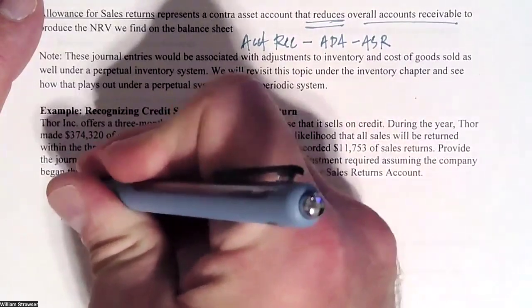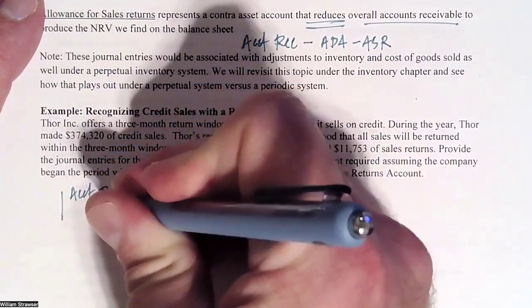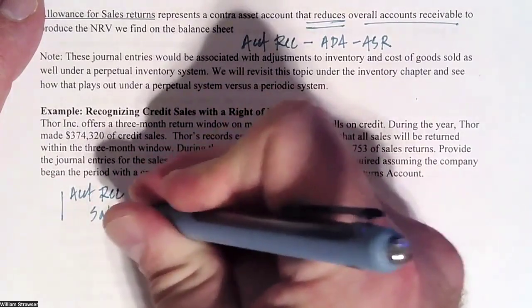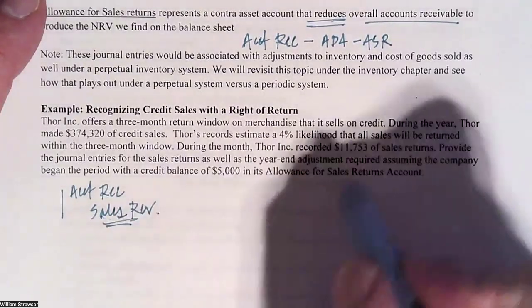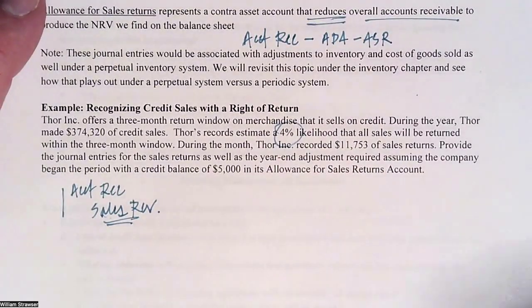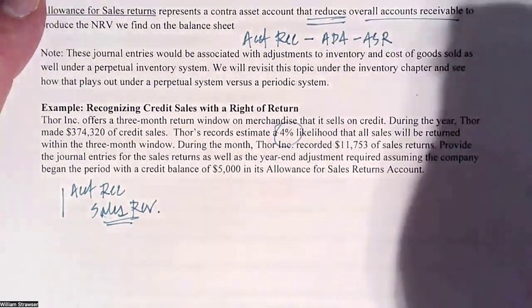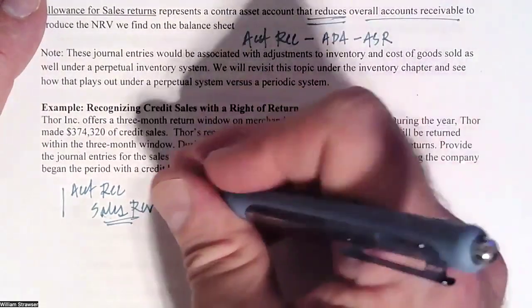And those credit sales, of course, would be accounted for in accounts receivable with sales revenue. We have the historical data so we can record the sales revenue because we have that 4% likelihood that we can refer to in order to develop an expectation of sales returns. Remember, if we don't have that, we can't record revenue here.